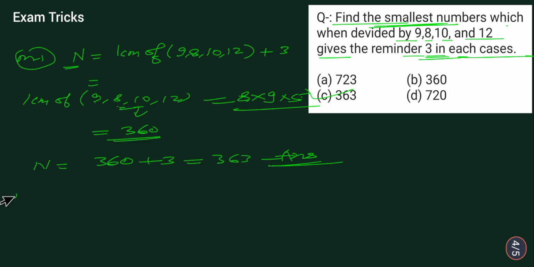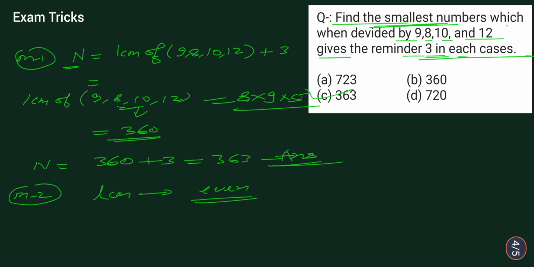Now I am going to discuss method 2. You know the LCM of many numbers: when at least one number is even, the LCM would be an even number. Just focus on the point. Is it clear?